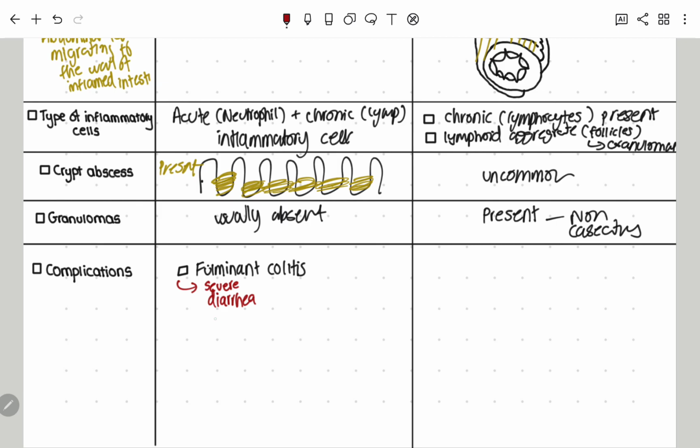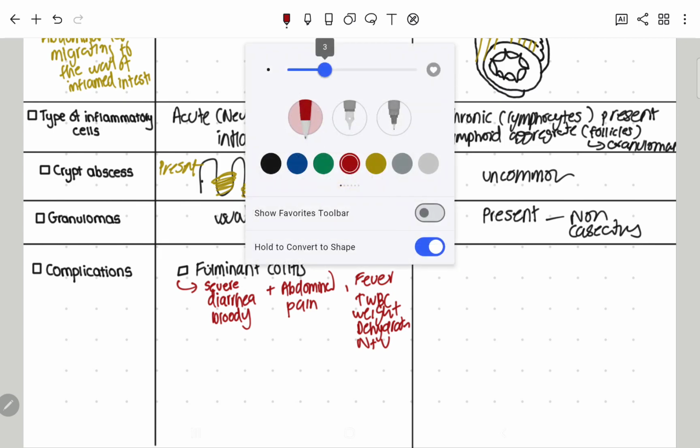So severe diarrhea, normally bloody, severe abdominal pain, urgency in your bowels, fever, increased white blood cell count, weight loss, dehydration, and nausea plus vomiting.